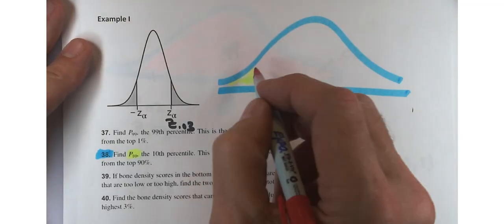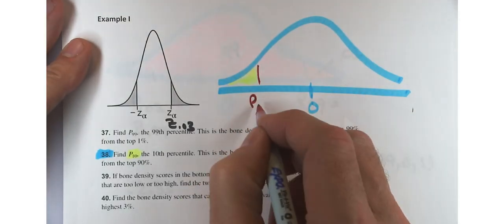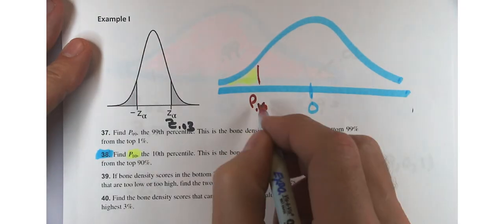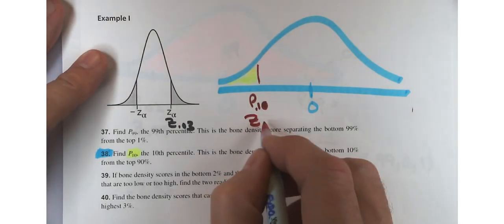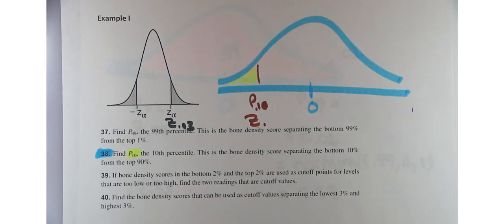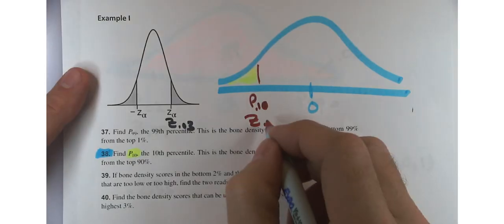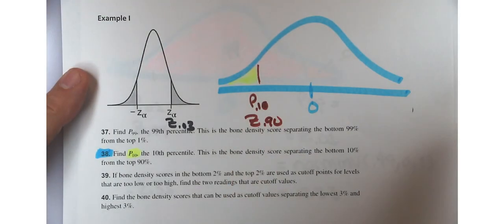That's going to be here, P sub 10. What's the proper notation for our Z? What would that be? Z sub what? 90. Nice, thank you. Who got that one? All right, Z sub 90, because 90% of your area is going to be in the right tail.